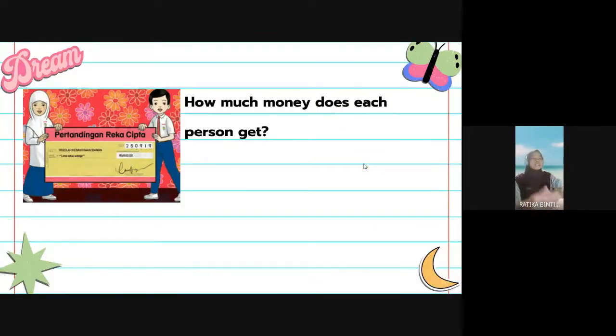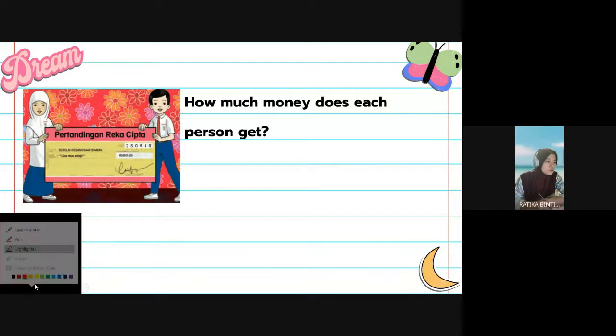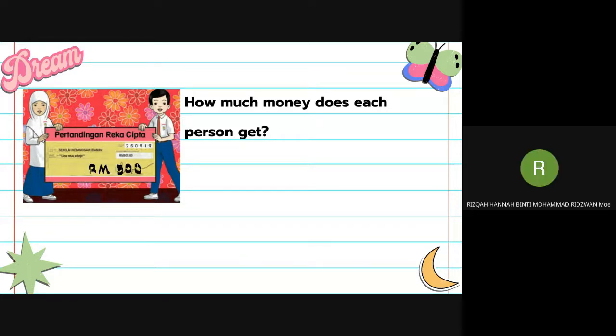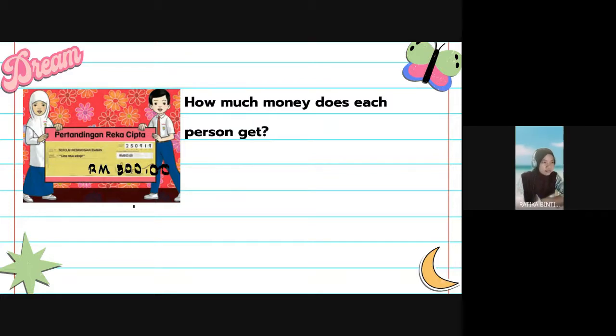Okay, how much money does each person get? Okay, dekat sini, kalau dekat gambar tu, can you see the amount of money in the check? Boleh nampak tak? Yes. Okay, how many? 500 ringgit lah.